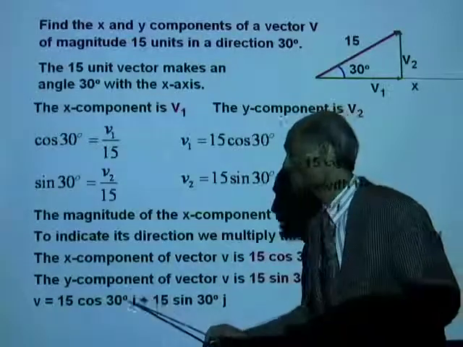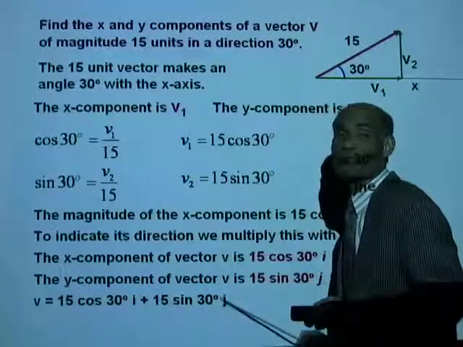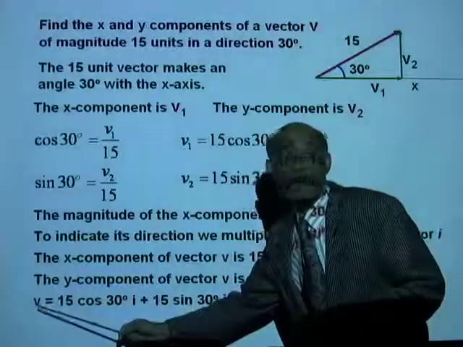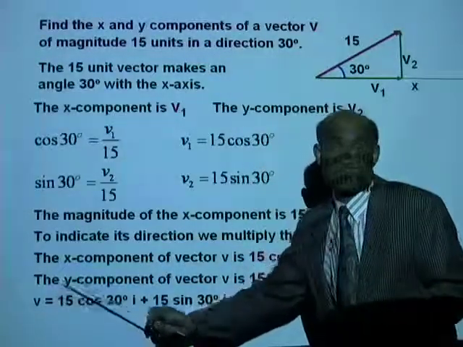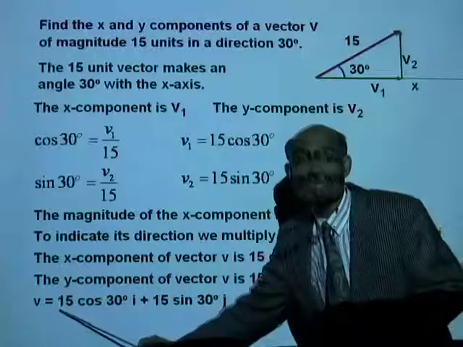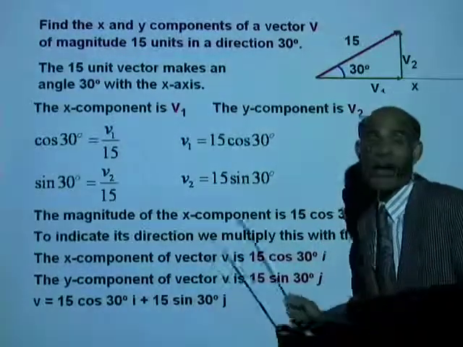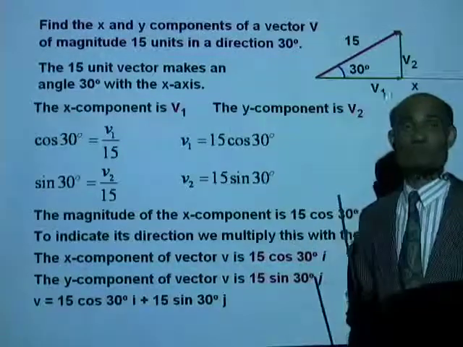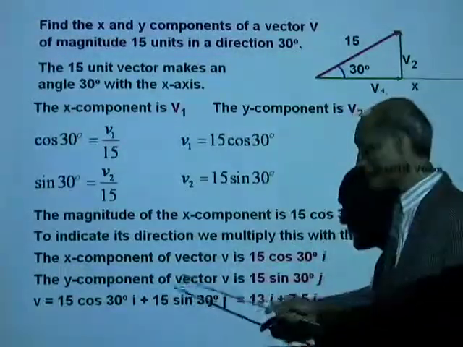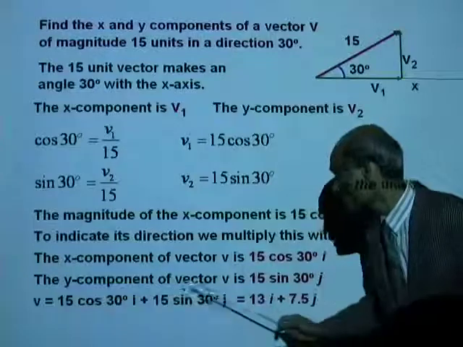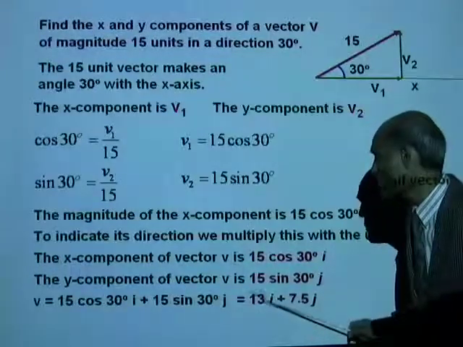You can see I have forgotten to italicize these. So any vector that is given to you can be written as the sum of its x component and the y component. Now 15 cos 30 degrees is approximately 13.